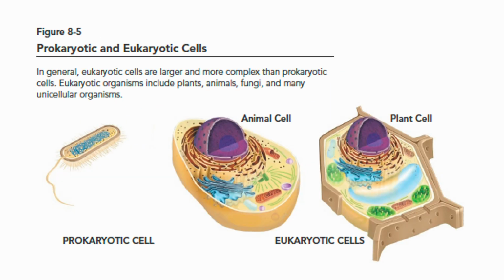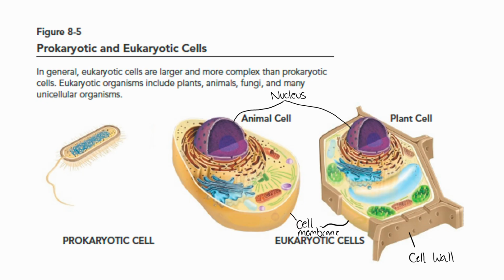So if we compare these three things, in general, eukaryotic cells are larger and more complex. The eukaryotic cells have this purple structure right here that defines them, and that is our nucleus. You'll also notice that in the animal cell, the outside layer is what's called the cell membrane. Now in plants, the outside layer is the cell wall, but the cell membrane is on the inside of that layer.